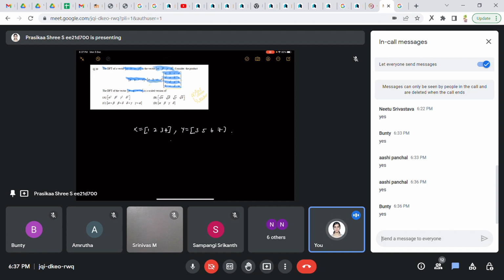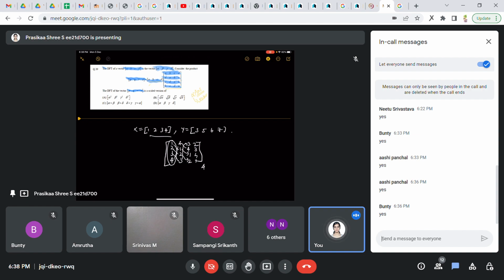How can you do this? Write 1, 2, 3, 4, the first vector as it is, and then rotate by one location. It goes here, it comes here. Similarly, this comes here, and again the same matrix will become 1, 2, 3, 4.